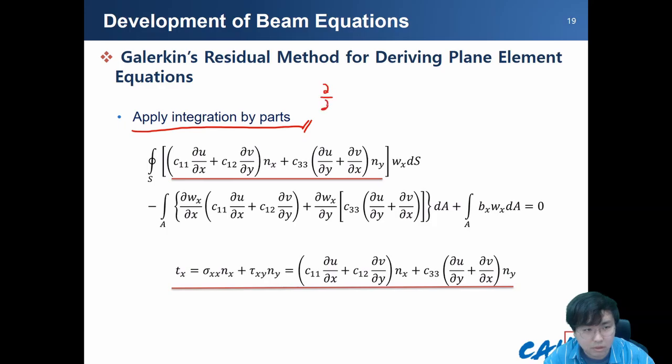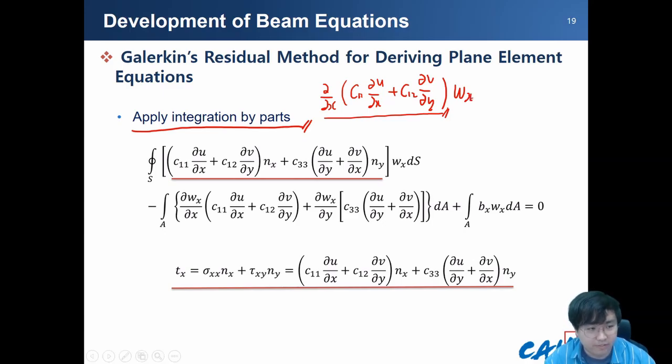In the previous slide, we have this kind of equation with some arbitrary weight function.